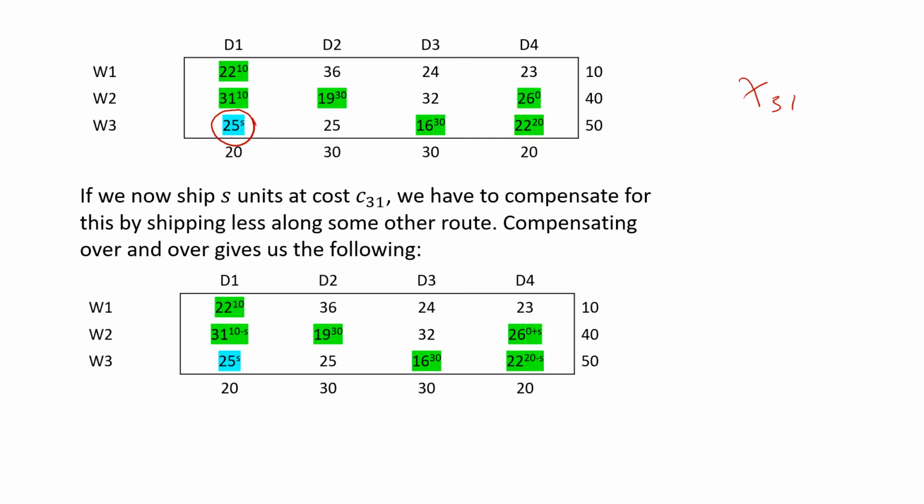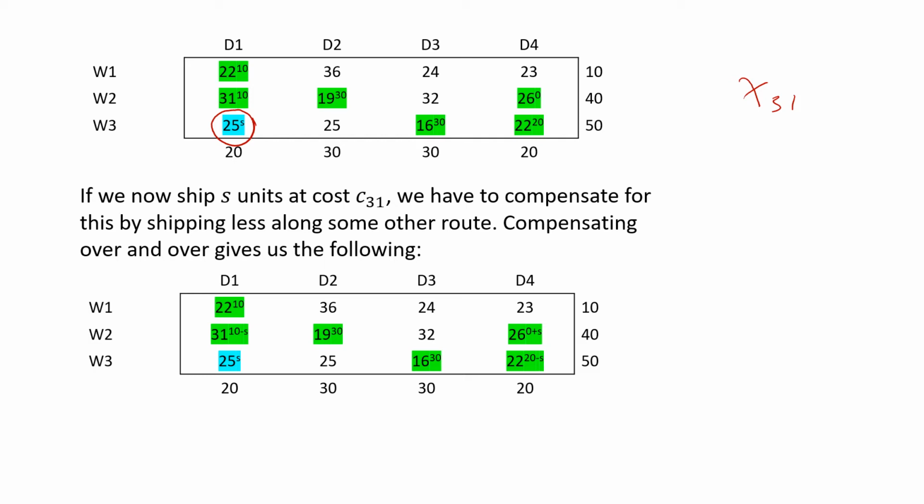And how do I do this? Well, if I am to throw some elements on there, that means that I'm now going to ship some things from warehouse 3 to distributor 1 instead. But everything is already taken into account. So I need to figure out how to adjust my shipments so that I'm still meeting all of the demand.